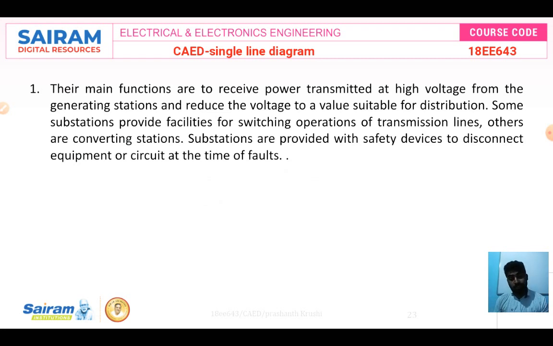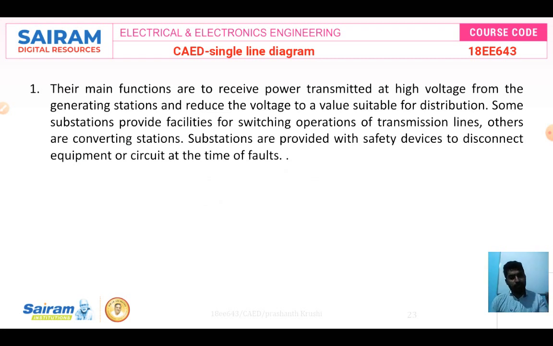If a short circuit occurs in the transmission lines, even our home appliances are affected, because more current will be flowing through those appliances and it will damage them. That's why we keep a distribution substation near our homes, with one transformer.